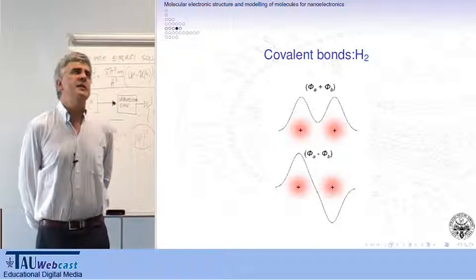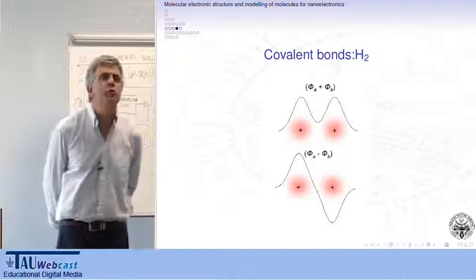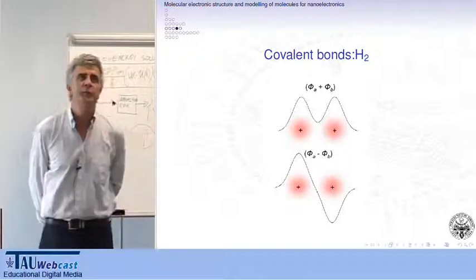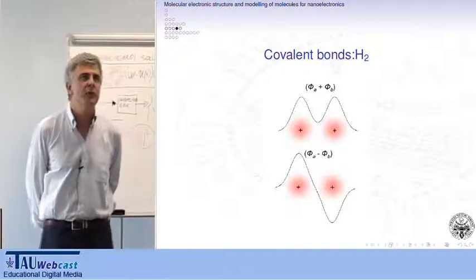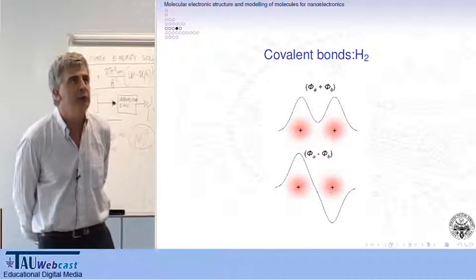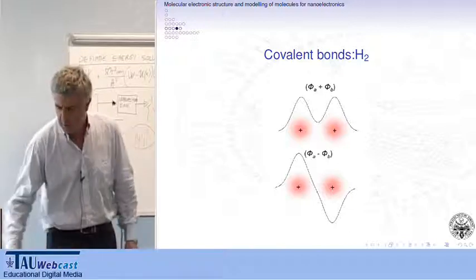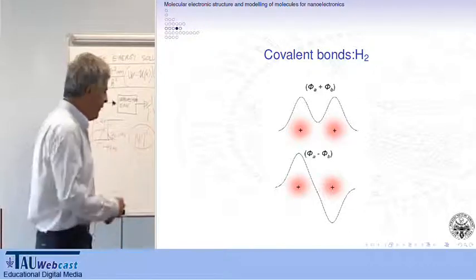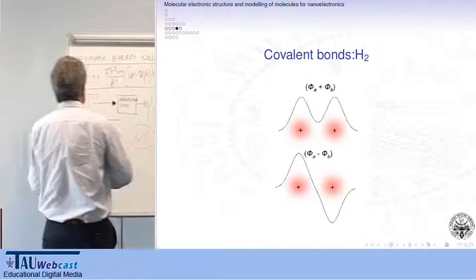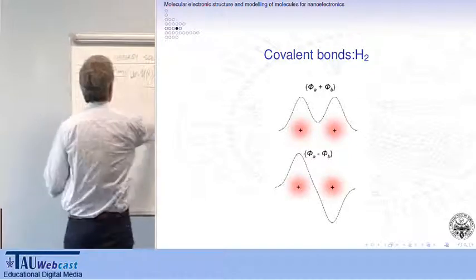What we can do is draw the square modulus of this quantity, because associated with the square modulus of this function, we can evaluate the probability of finding the electron. So probably I can try to draw this probability.